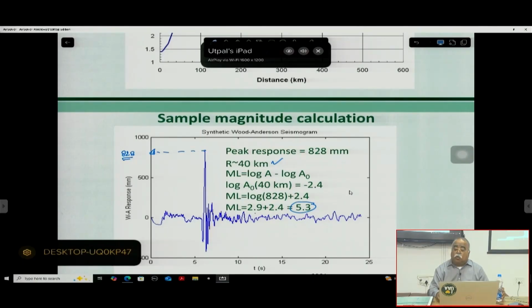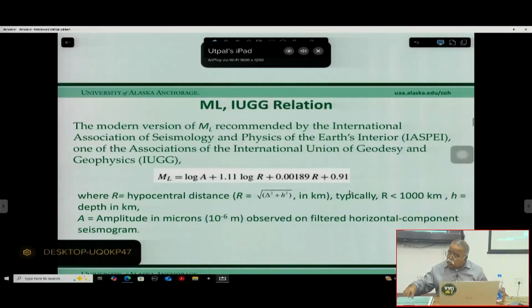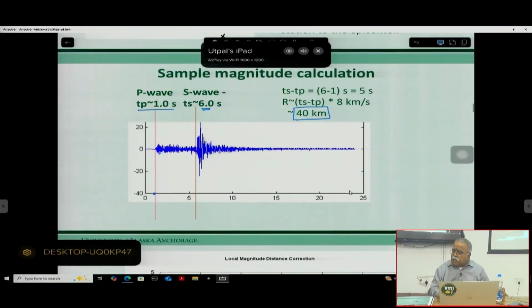You only need to understand that whenever you are recording, you need to know the instrument parameters, particularly its time period values, because the Wood Anderson seismometer has a magnification of 2800. I have the numbers here. So 2800 is its magnification, and 0.8 second is the period.